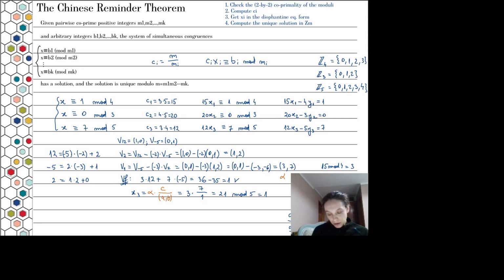This gives us 1. If we have a very big number, we can divide it by the modulus.